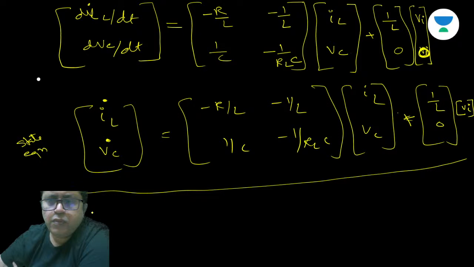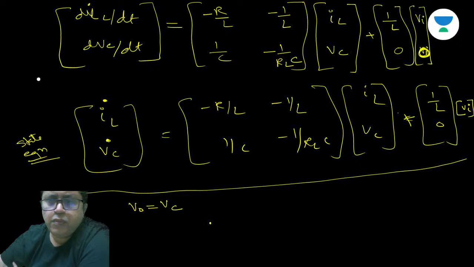What about output equation? See the figure. The figure told you that output voltage is equal to VC, one of the state variable.